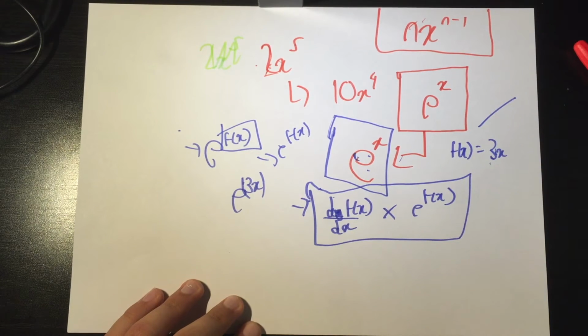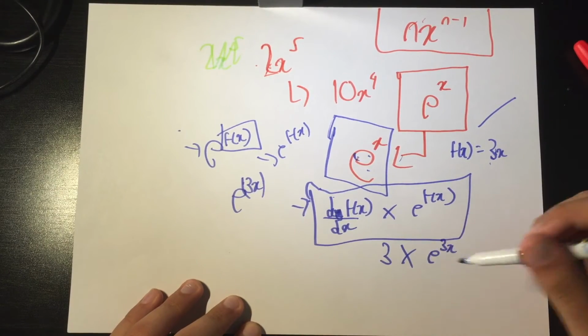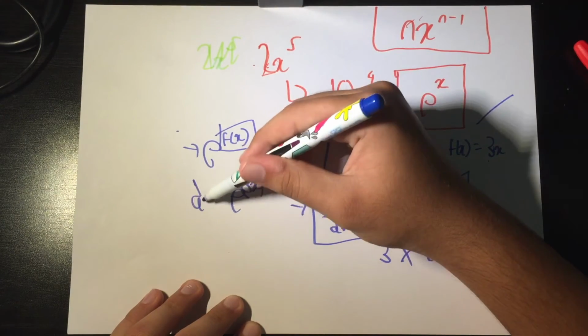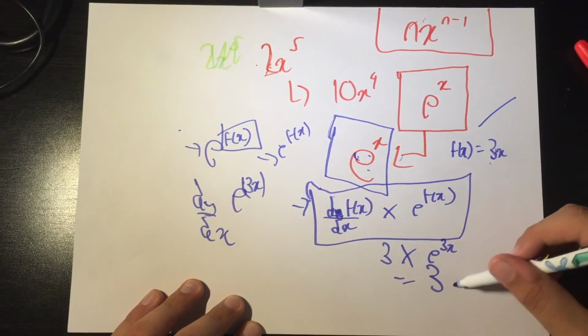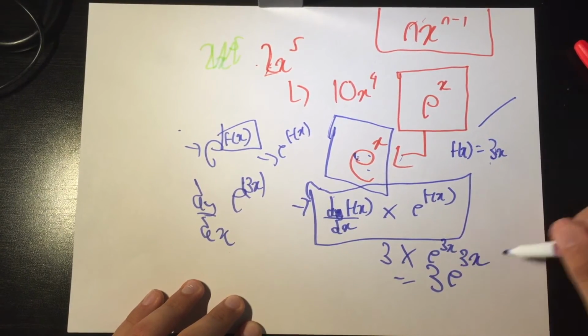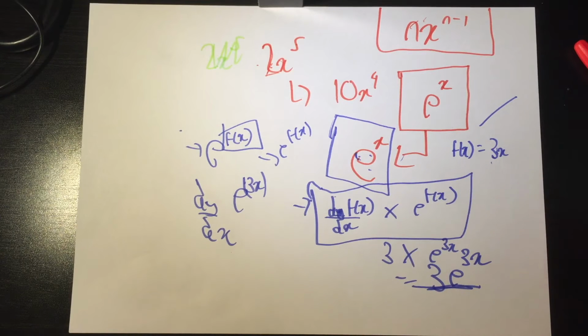And you multiply that with e to the 3x. So the answer to this, dy over dx of e to the 3x, will be 3e to the 3x. So now we can differentiate e to the f of x functions as well.